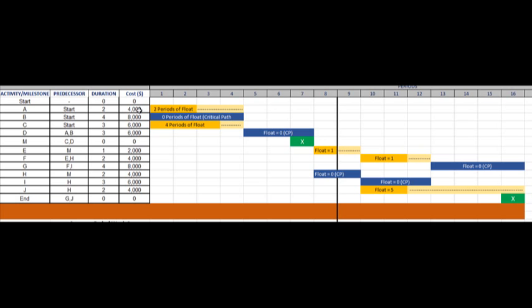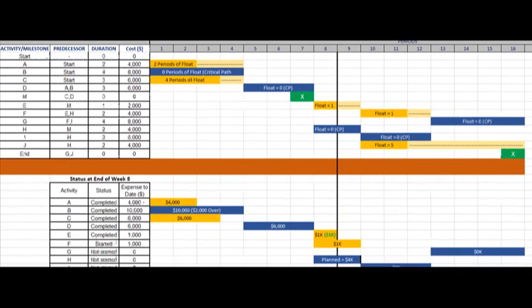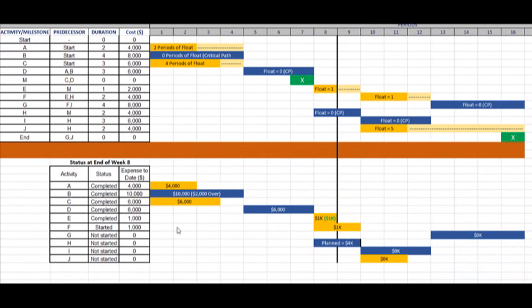So, activity A, I've spent $4,000 and it's completed on time. Perfect. Activity B, which was projected budgeted cost of work scheduled, was $8,000. The actual cost is $10,000. So I'm complete, but I'm $2,000 over.